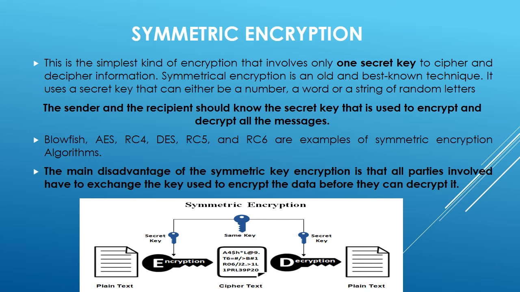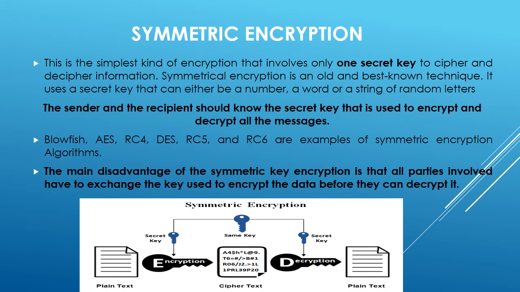It uses a secret key that can either be a number, a word, or a string of random letters. It is blended with the plain text of a message to change the content in a particular way. The sender and the recipient should know the secret key that is used to encrypt and decrypt all the messages.